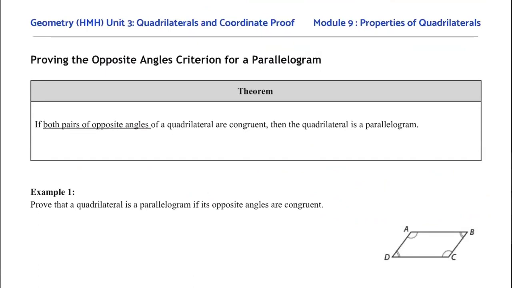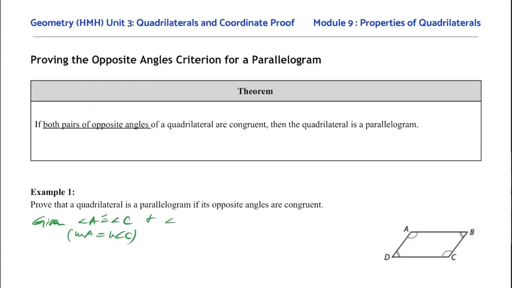In this particular case, we're trying to show that both pairs of the opposite angles are congruent. That's given, right? So in this particular case, we're given that the measure of the angles A and C are congruent, which by extension means that the measures of the angles are congruent, right?